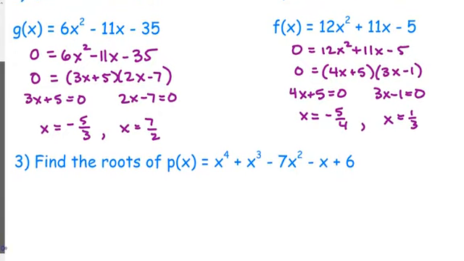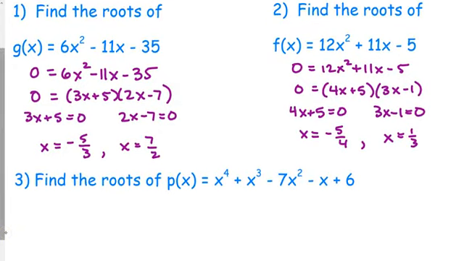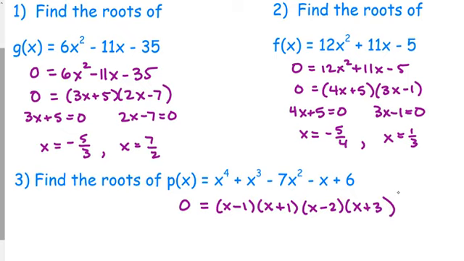That's intentional. And then for problem number 3, I've already factored this, so let's set it equal to 0. And I've factored it into x minus 1 times x plus 1 times x minus 2 times x plus 3. How did I do that? I used synthetic division, and I tried different things until I found some that worked.